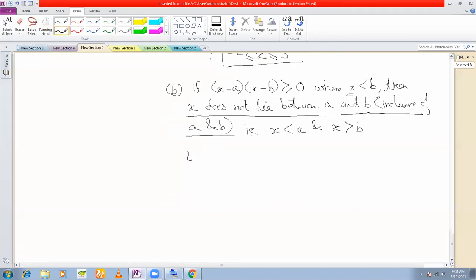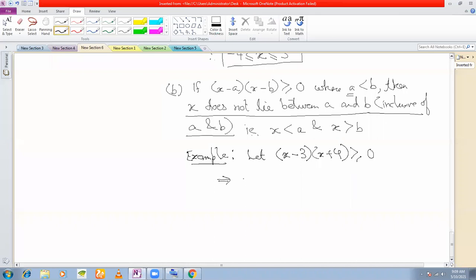Example: let's take the earlier example only, (x - 3)(x + 4) greater than or equal to 0.